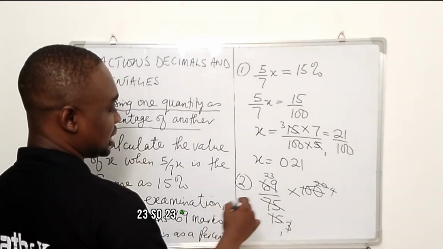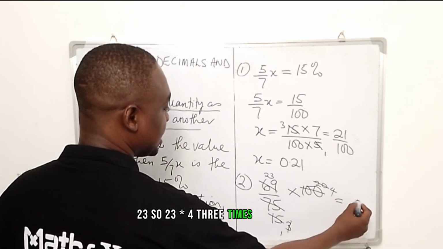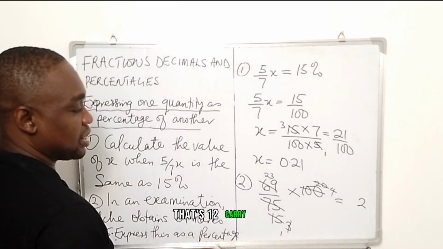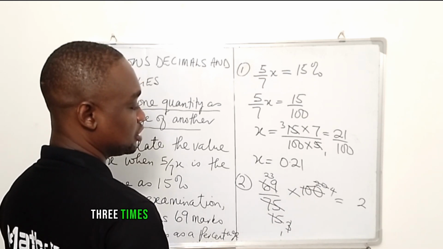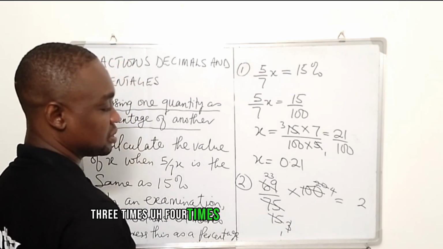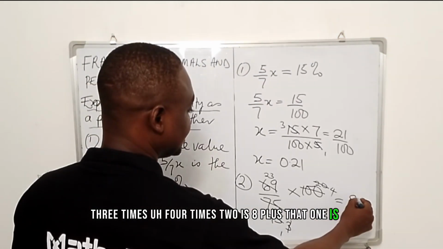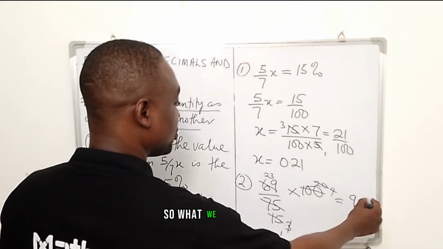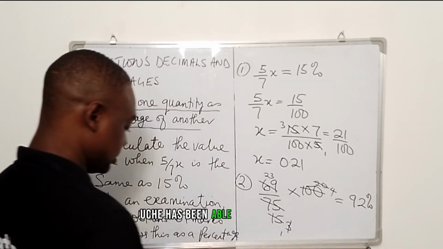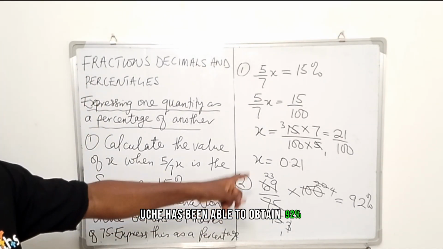So 23 times 4. 3 times 4 is 12. Carry 1. 2 times 4 is 8, plus that 1 is 9, so 92. So what we have is that Uche has been able to obtain 92%.